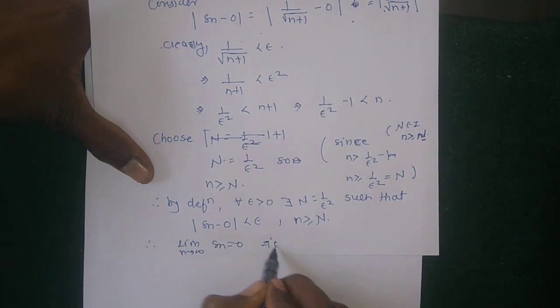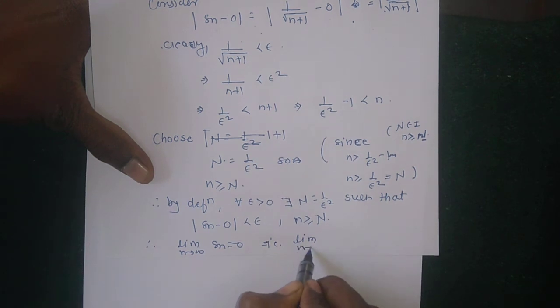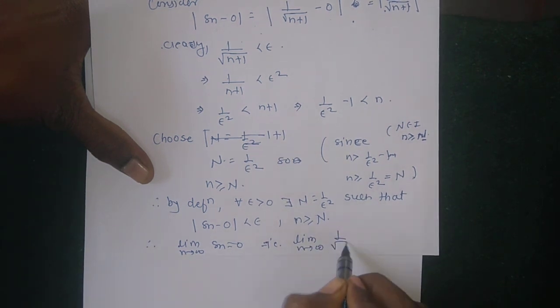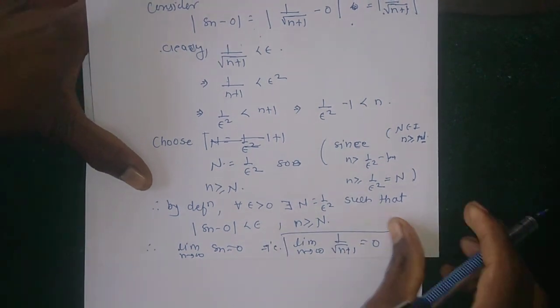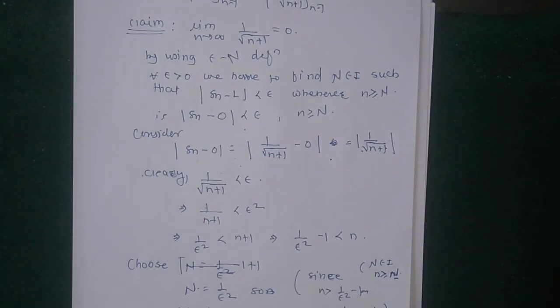That is, the limit as n tends to infinity of 1 upon root n plus 1 is equal to 0, by using the epsilon-N definition. So this is one example.